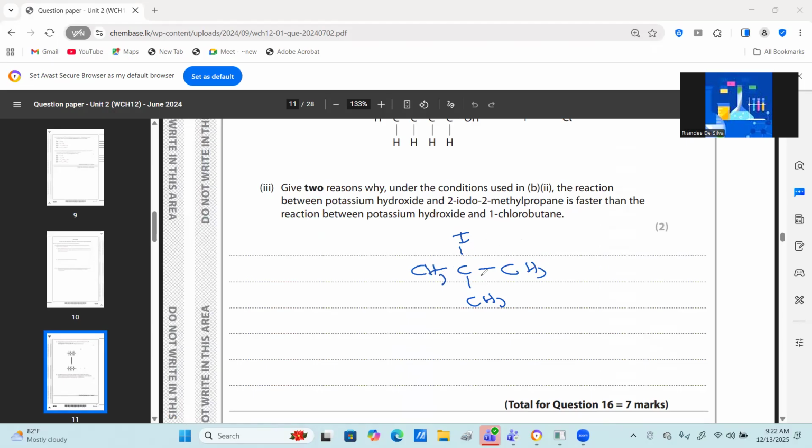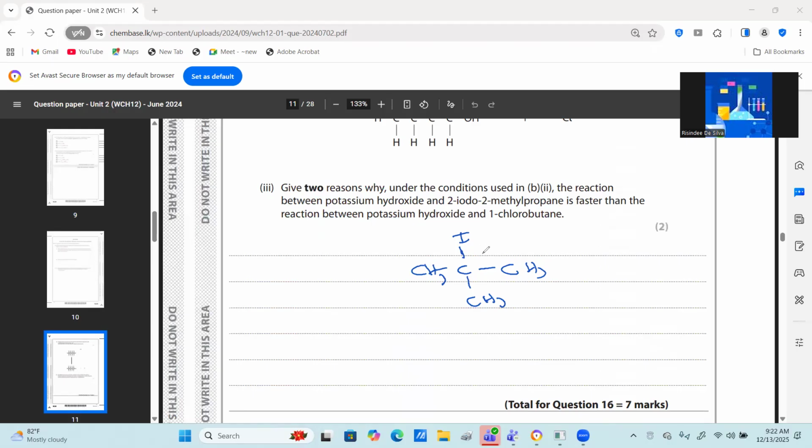When you have a tertiary halogenoalkane, we can easily remove iodine because it forms a stable carbocation, as the tertiary carbocation is more stable. And also it is mentioned that the C-I bond is weaker than the C-Cl bond. Therefore, we need to give less energy to break the C-I bond than the C-Cl bond.